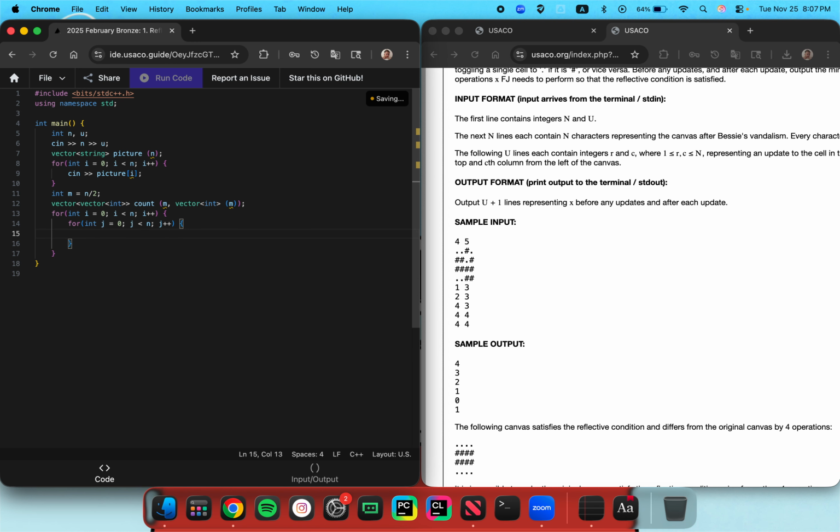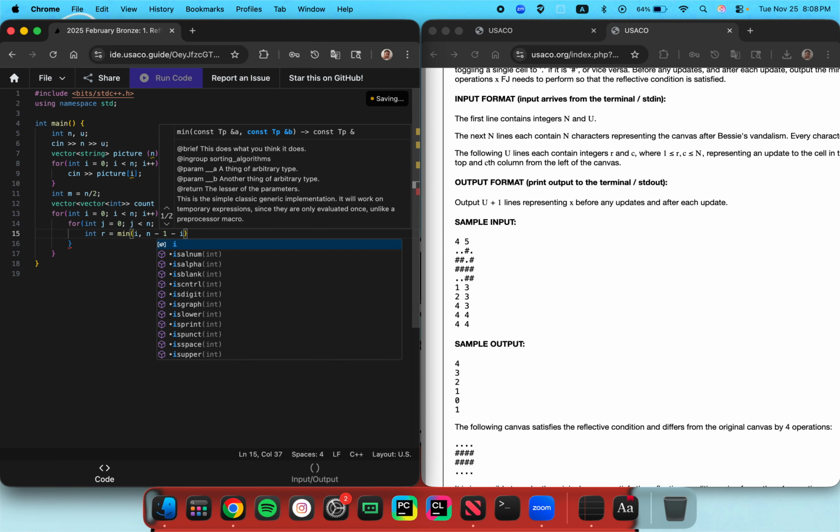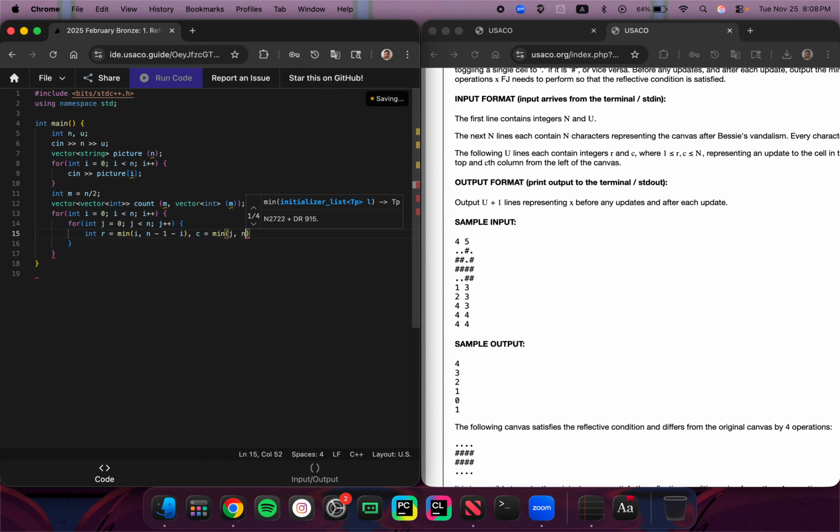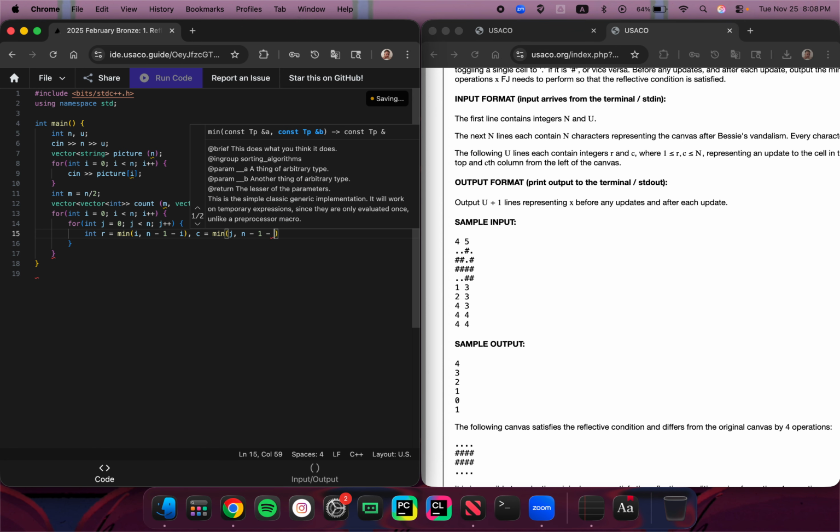And then int r is equal to the minimum of i and n minus 1 minus i, c is equal to minimum of j and n minus 1 minus j.